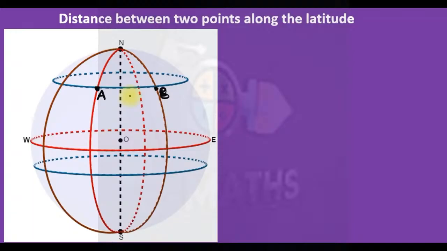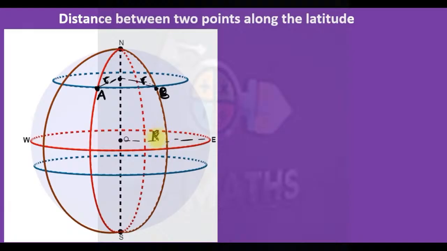This is an arc of this circle. So if this is the center, this is the radius, small r. Let's use small r, because for the radius of the Earth we normally use big R, which is 6,400 kilometers.